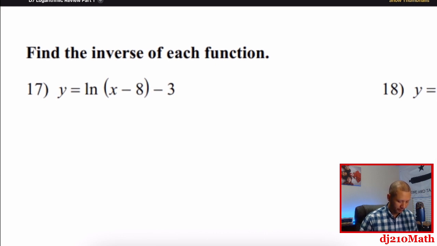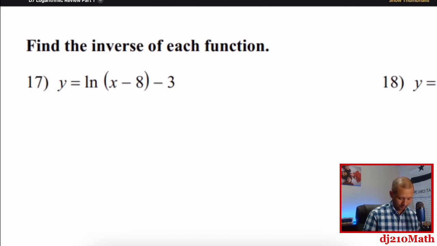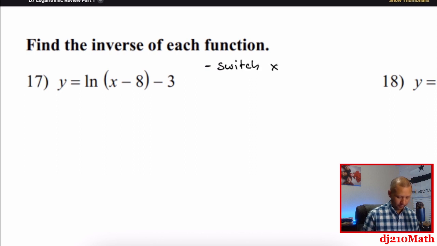All right, finding the inverse of each function. So the steps are going to be switch x and y, and then solve for y.